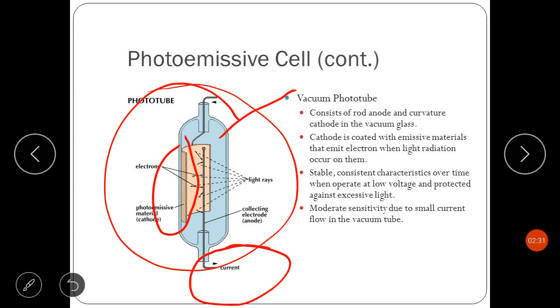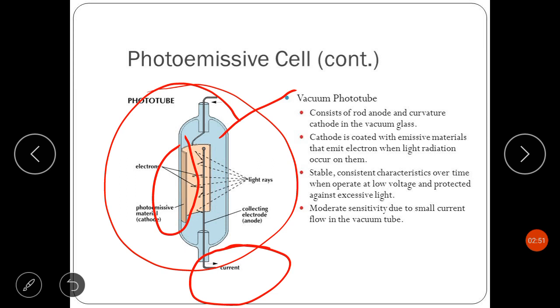Electrons are emitted, depending on whether the energy of the photons is greater than the band gap of the photoemissive material. So depending on that, electron emission takes place at the cathode.